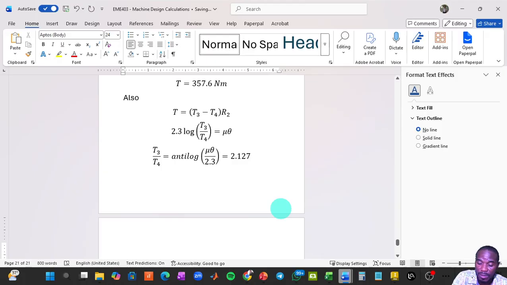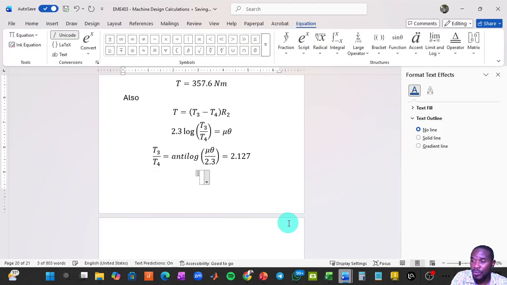Now, what that means is simply that it follows that my T3 is 2.127 times my T4.